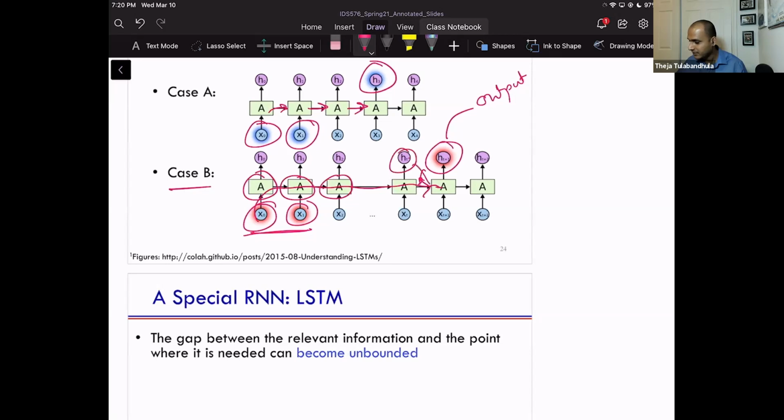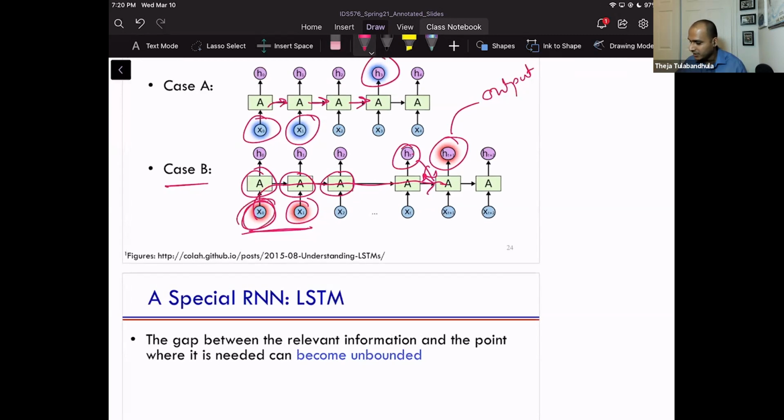So maybe h_t, which is also passed forward, somehow retains that information. How does that happen? It's not like it's literally retaining the information. Somehow this hidden vector, or this arrow here, needs to be sensitive to things that happened a long time ago. So you are going to choose the parameters, hopefully tuned using training data, such that theta happens to be sensitive to that longer-term information seen a long time ago.